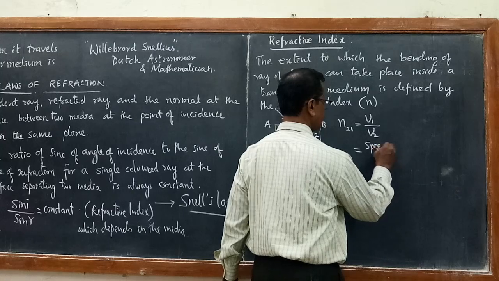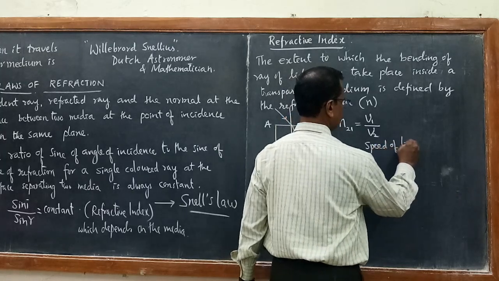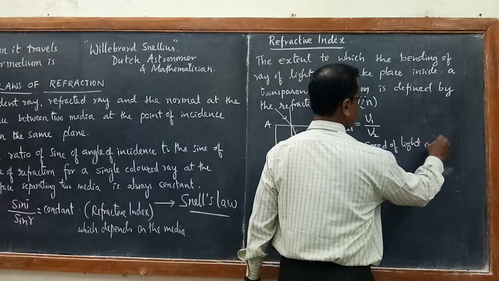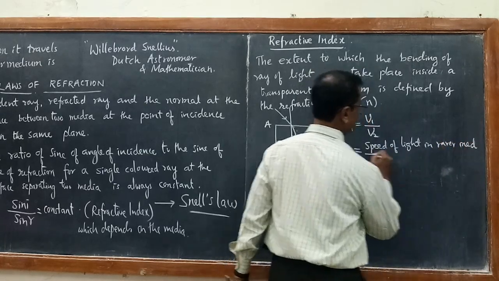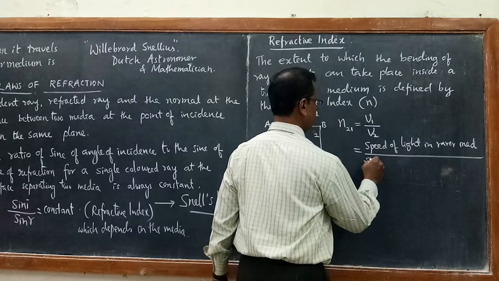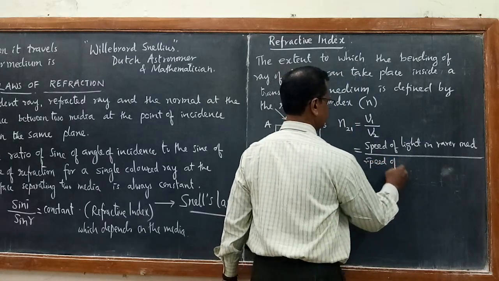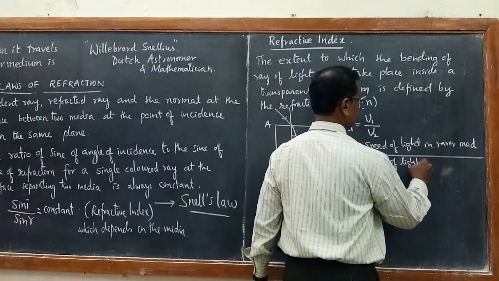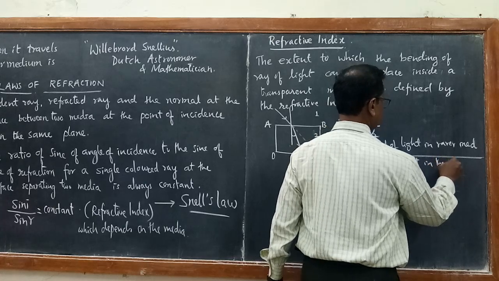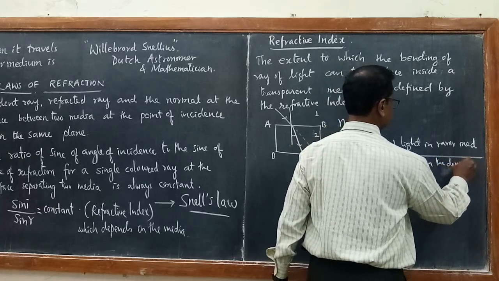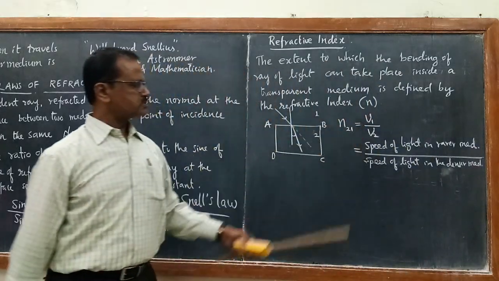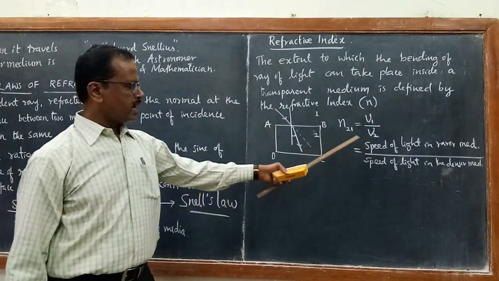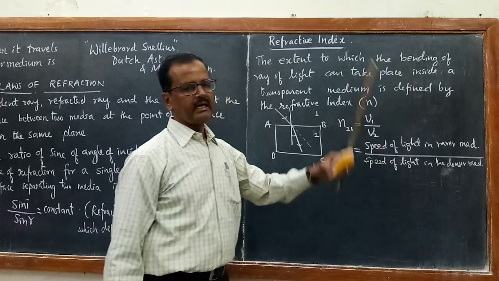Refractive index is the speed of light in the rarer medium divided by the speed of light in the denser medium. V1 is the speed of light in the rarer medium and V2 is the speed of light in the denser medium.